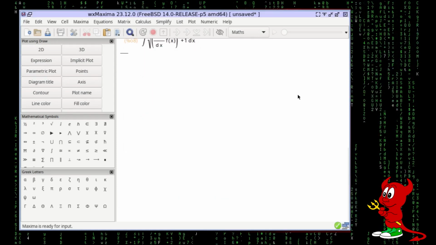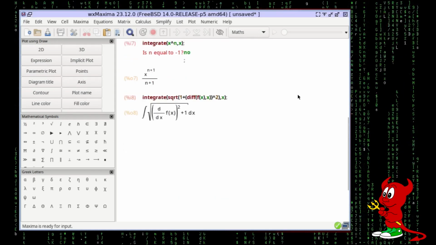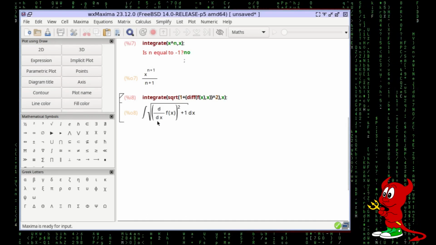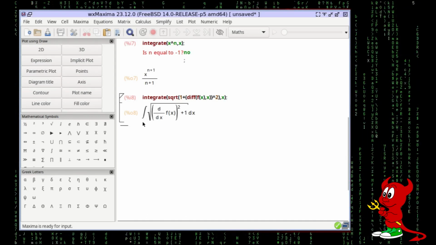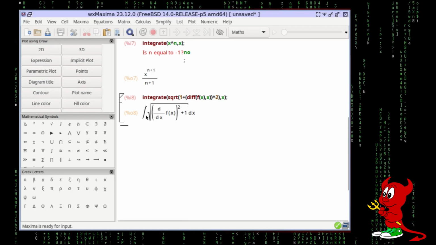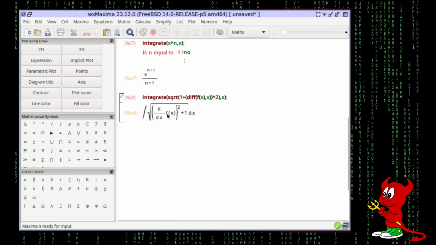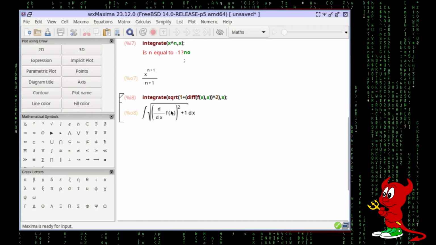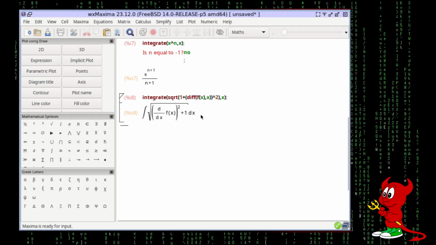Let's first see if the equation is correct. Yes, this is how you can compute the length of an arc. It is the integral from a certain limit to a certain limit of the square root of 1 plus f prime, or the derivative of f in x, squared, dx.